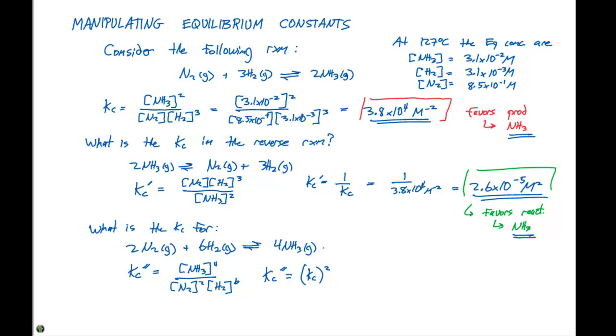And this squared comes from doubling the coefficients. So if we wanted to calculate Kc double prime, we simply take our Kc, which is 3.8 times 10 to the 4th, and we square that. And that will give us 1.4 times 10 to the 9th.